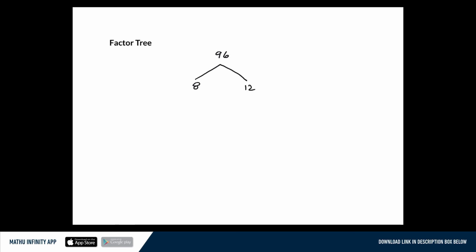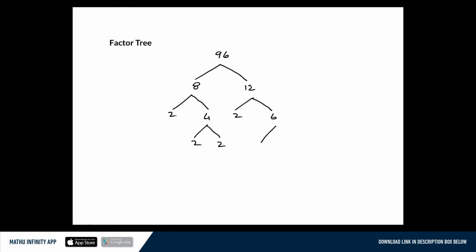Now I'm going to start whittling down my tree. What can I do with 8? We know 8 is 2 times 4. So I've broken 8 down into as many factors as I can. 2, I can't go any further. But 4, we know is 2 times 2. If I go to the other branch for my 12, that will be 2 times 6.